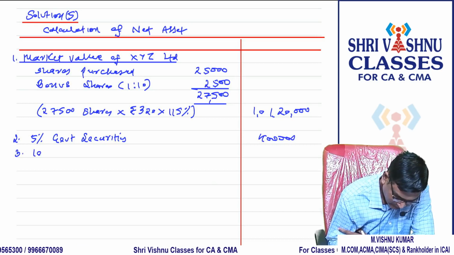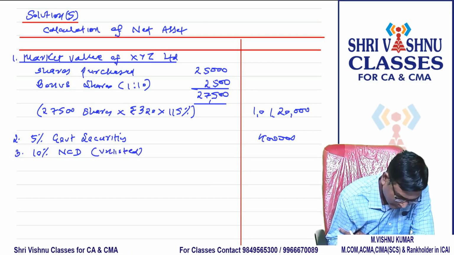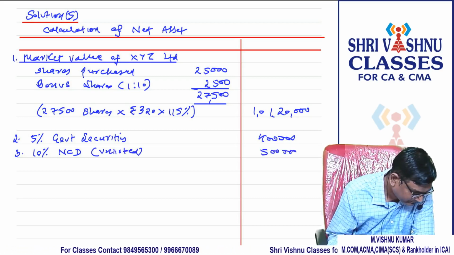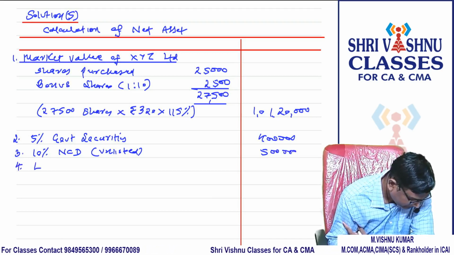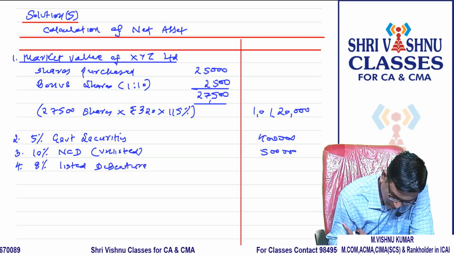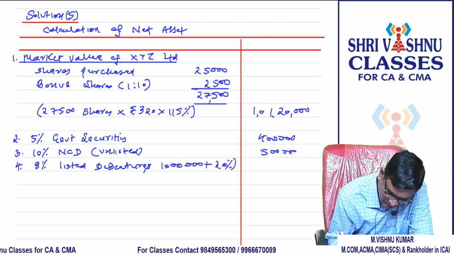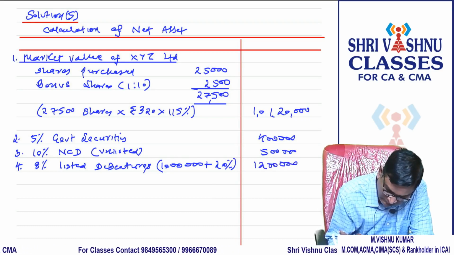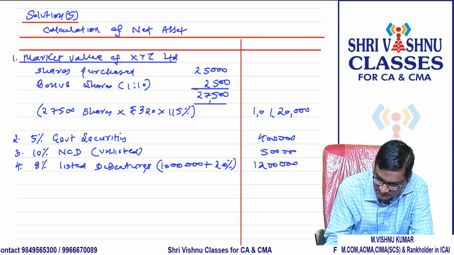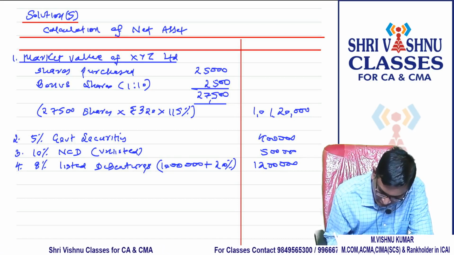Third, non-convertible debenture, listed debenture, value increasing 20%. One crore, one crore.